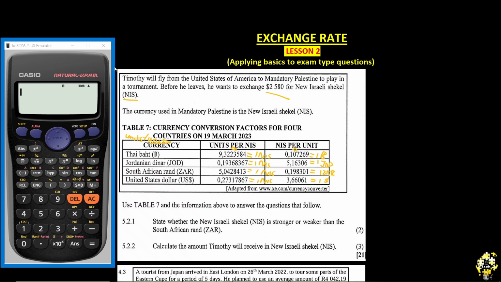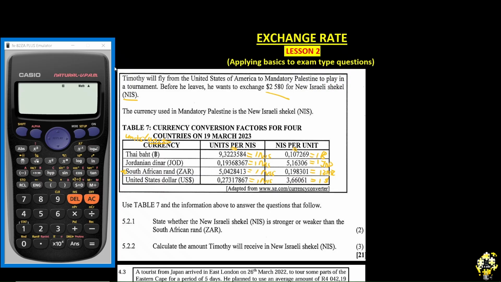So now it becomes simple for you to answer the questions that follow. 5.2.1. State whether the new Israeli shekel is stronger or weaker than the South African rand. Before you can determine that, write both of them. We're talking about the South African rand.